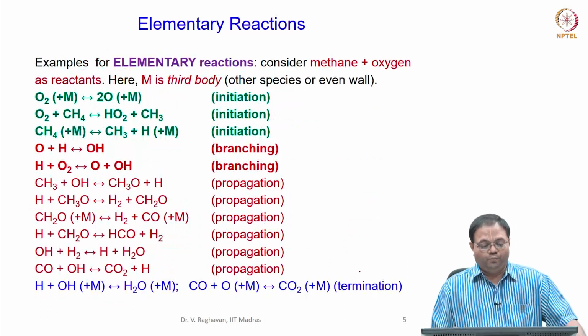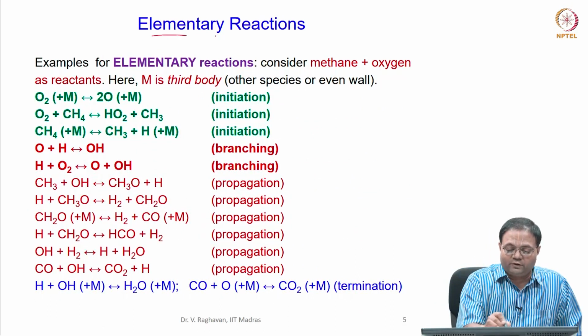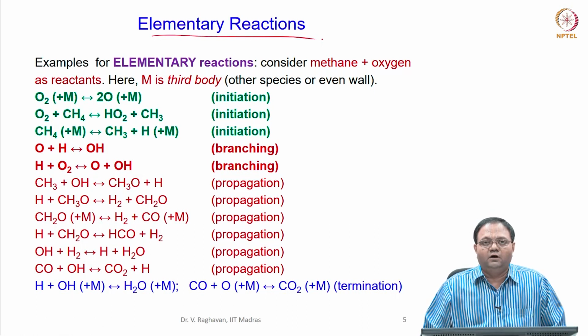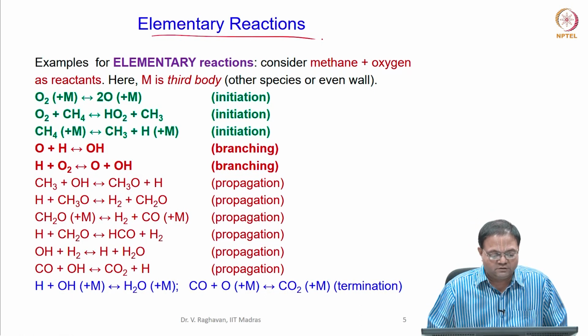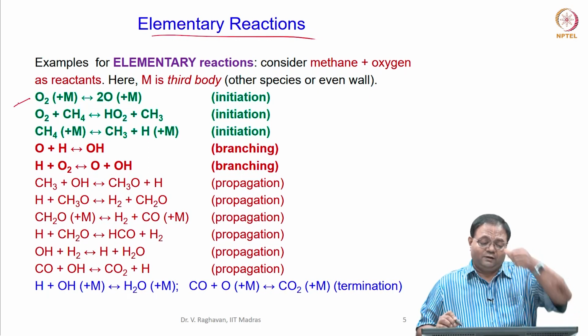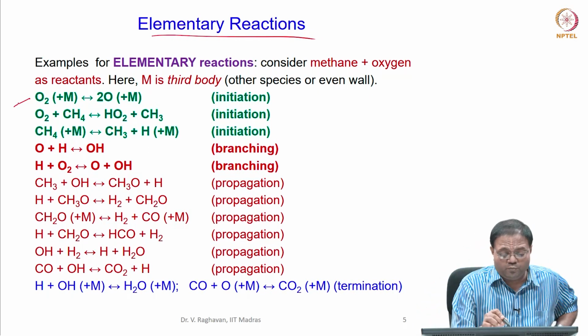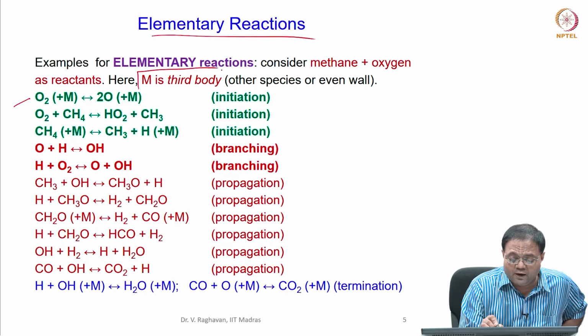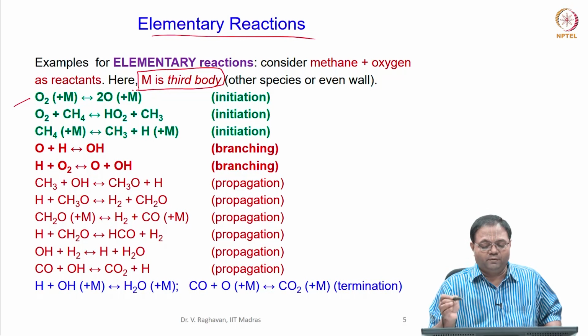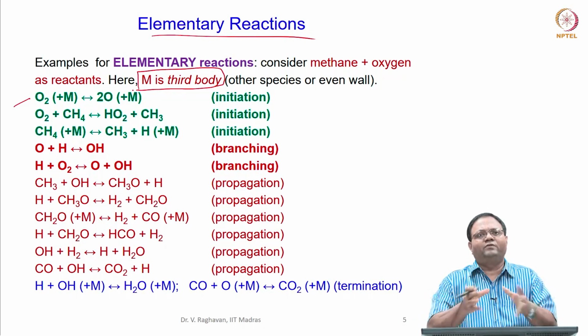Now, I have given some elementary reactions here and also indicated the chain reaction stages. For example, as I told you, oxygen breaks. Please understand that here there is a contribution from a third body called M. Normally, M represents a third body, it may be another species or a group of other species.